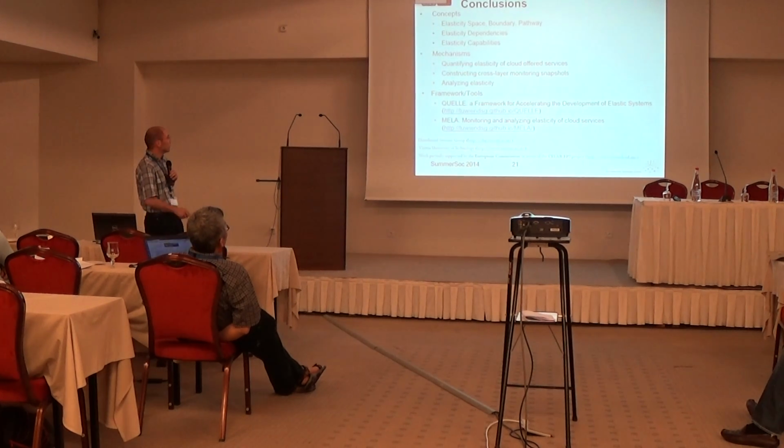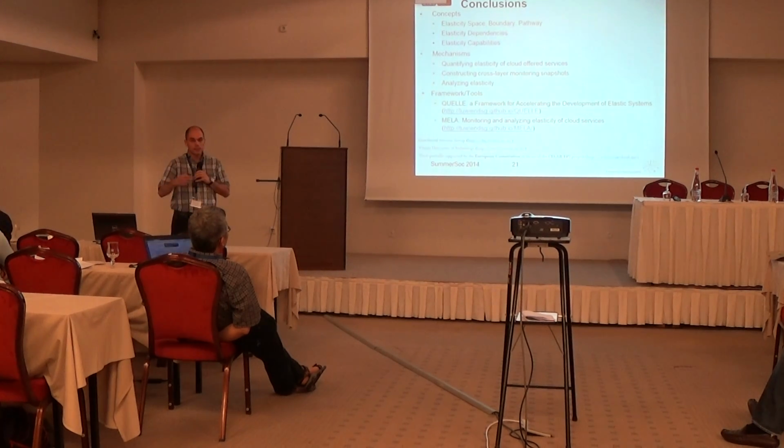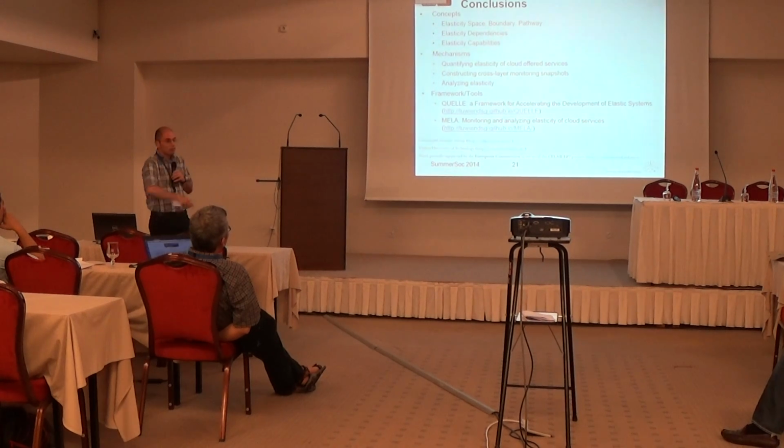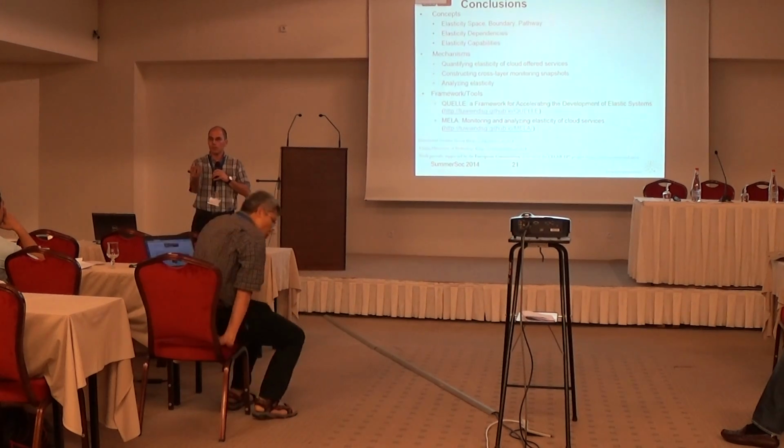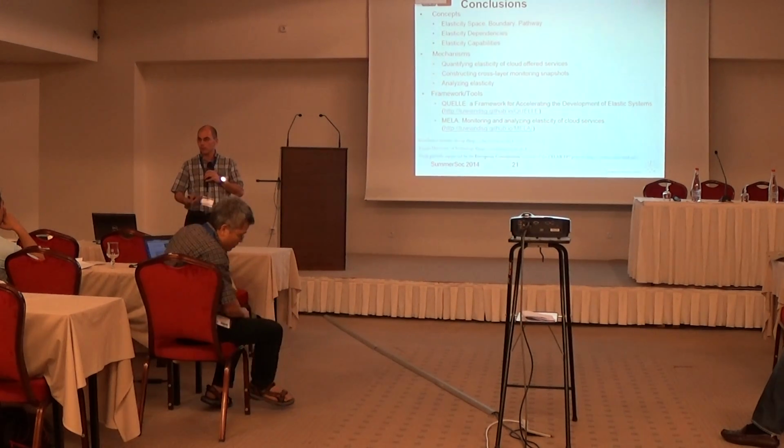Just so I don't waste too much of your time, the concepts of elasticity space, boundary, and pathway are something that we believe is important in describing the behavior of any service that goes through some sort of elasticity control mechanism. Any service should have elasticity capabilities, which are important in quantifying the latent elasticity in cloud offered services, so you can select the appropriate services to build something that supports what you want in terms of elasticity.